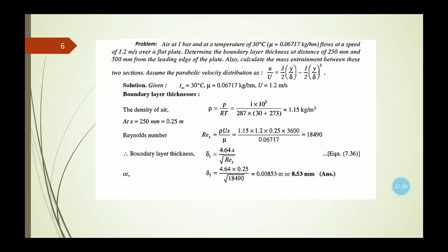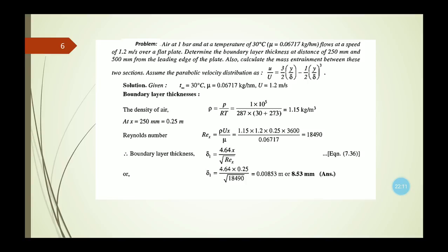Now when x equals 250 millimeter, that is 0.25 meter, the Reynolds number can be calculated as rho u x divided by mu. All the values are given in this numerical, and rho you have calculated just now. So the value of Reynolds number comes out to be 18,490.